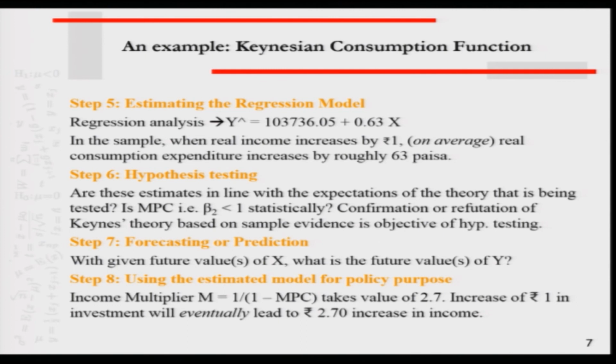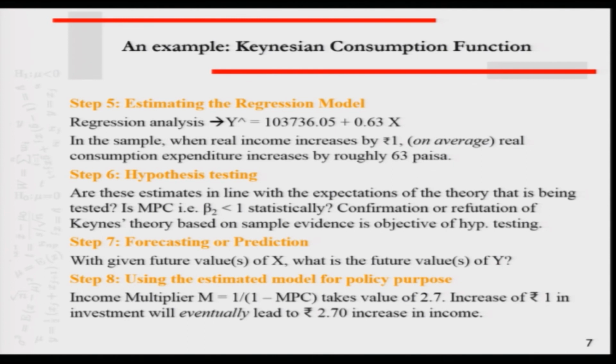So, in step 7 we conduct forecasting or prediction. Suppose we have conducted hypothesis testing already and found empirical evidence confirming the Keynesian consumption function estimate we obtained from the data. Then we take it to the forecasting or prediction step.